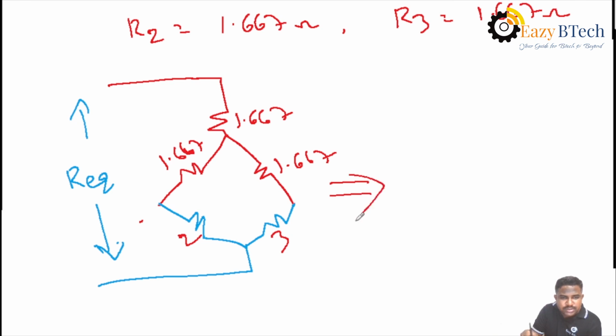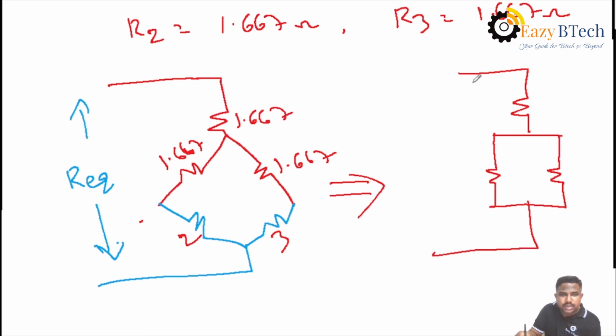That's why you can change this circuit like this. This is 1.667, and one element is 2 plus 1.667, that is 3.667. Similarly 3 plus 1.667, that is 4.667.